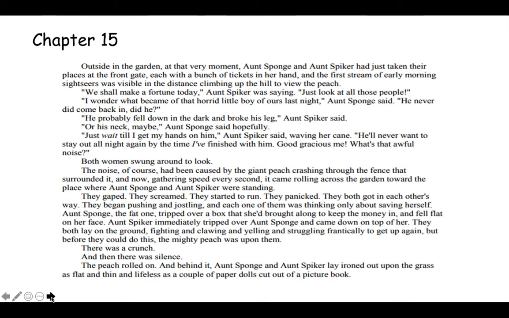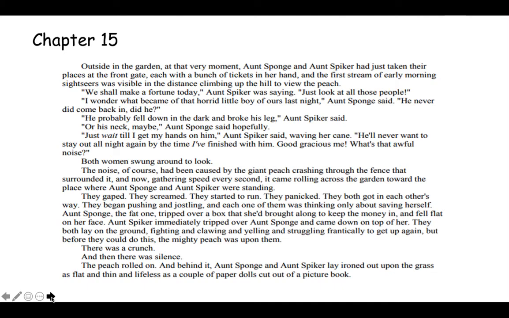They began pushing and jostling, shoving each other, and each one of them was thinking only about saving herself. Aunt Sponge, the fat one, tripped over a box that she brought along to keep the money in and fell flat on her face. Aunt Spiker immediately tripped over Aunt Sponge and came down on top of her. They both lay on the ground, fighting and clawing and yelling and struggling frantically to get up again.